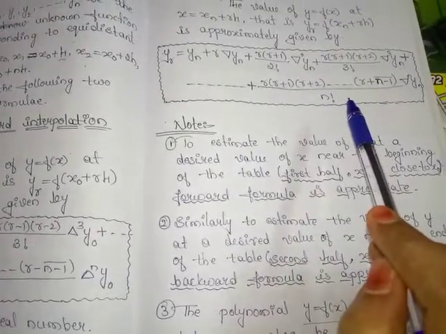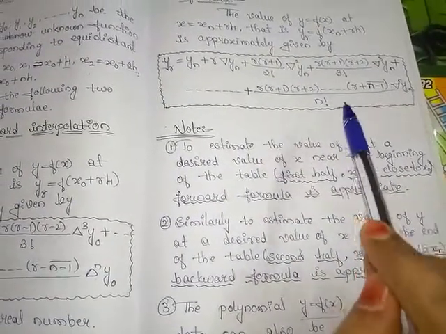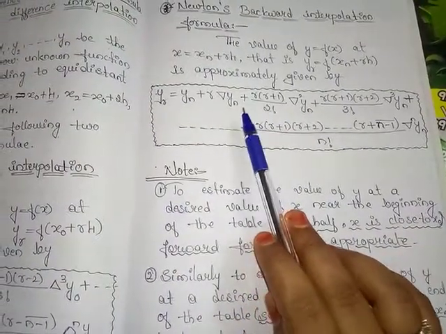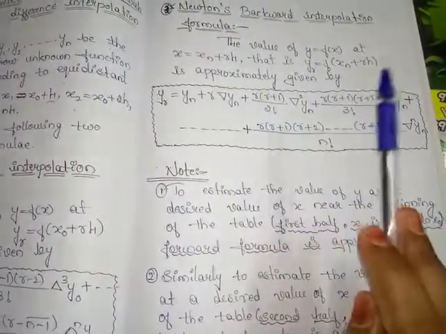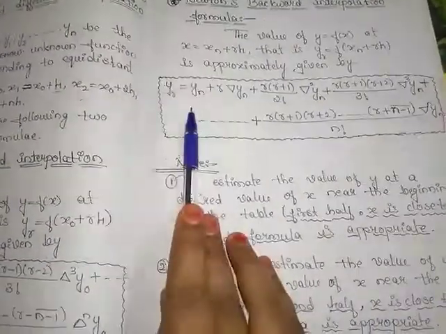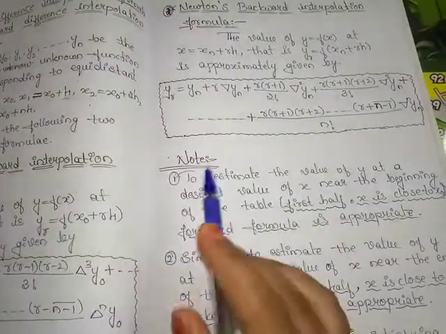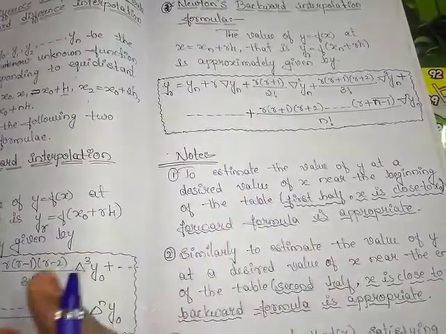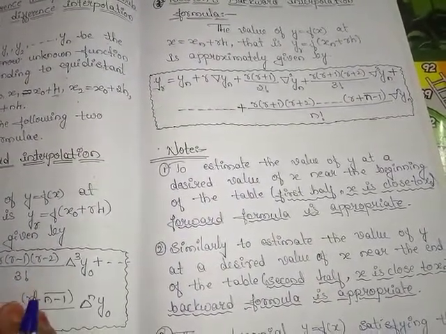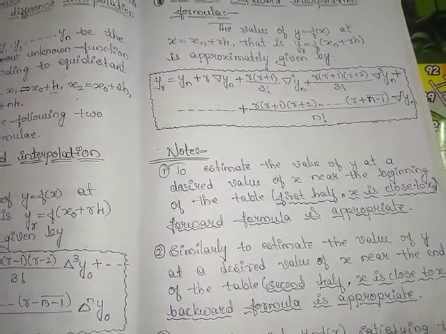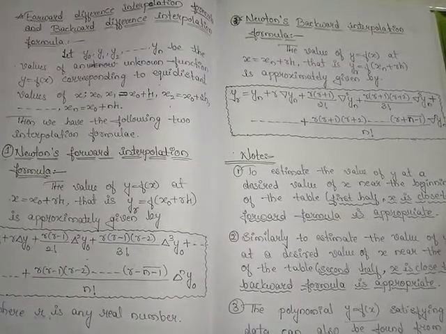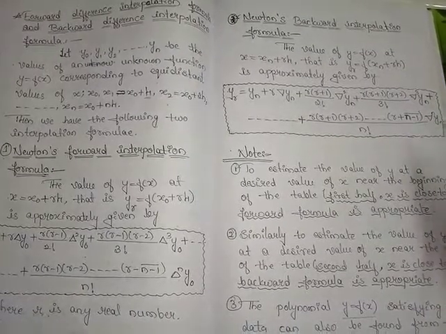You will get a wrong solution. And similarly, this delta y naught and del yn, and first term yn and y naught. You must know all these differences in Newton's forward interpolation formula and Newton's backward interpolation formula. Make notes and understand all these points.